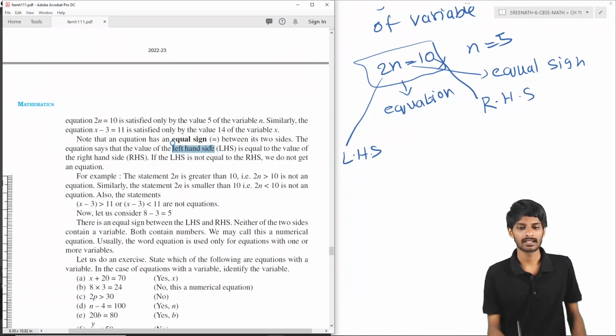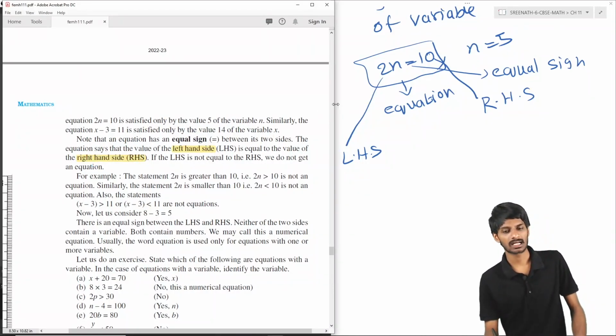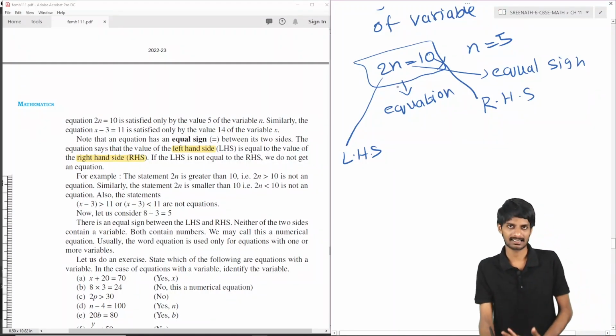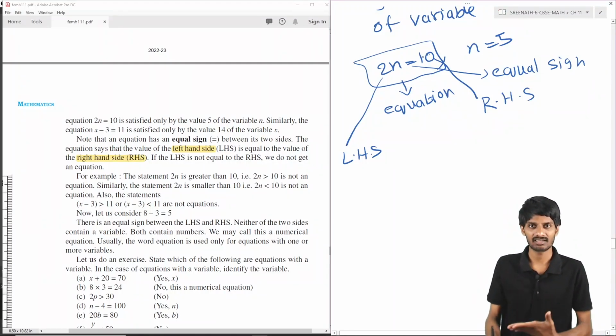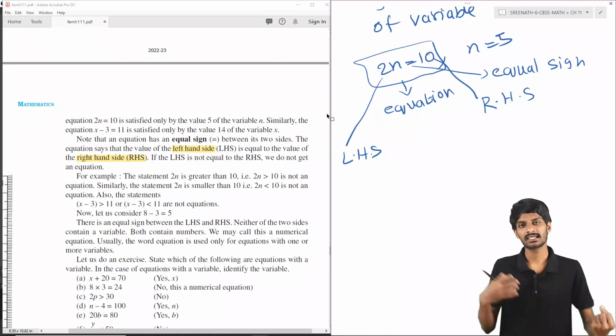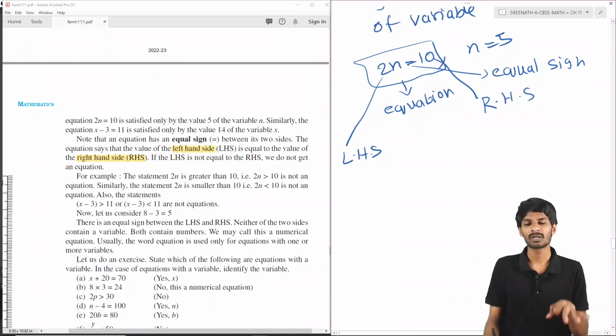Left hand side. What is meant by RHS? Right hand side. So whenever the condition is that, students, the left hand side value must be equal to the right hand side, then only we can put an equal sign between them. So an equation has a left hand side and right hand side, and an equal symbol between them. In that situation only it will happen.